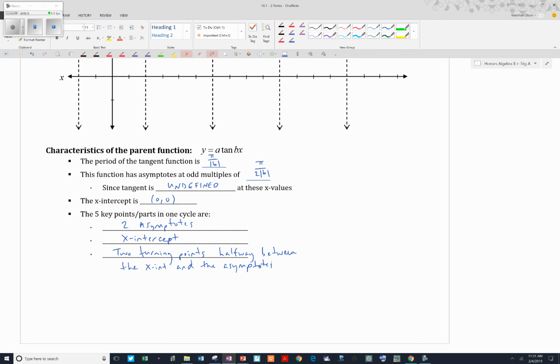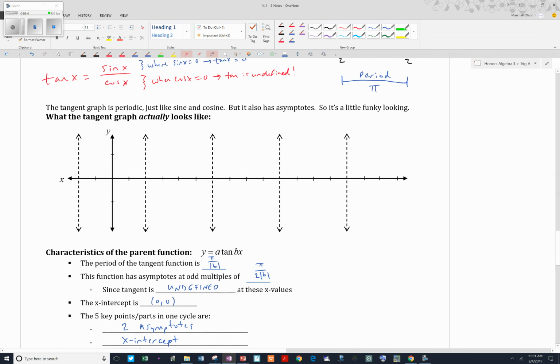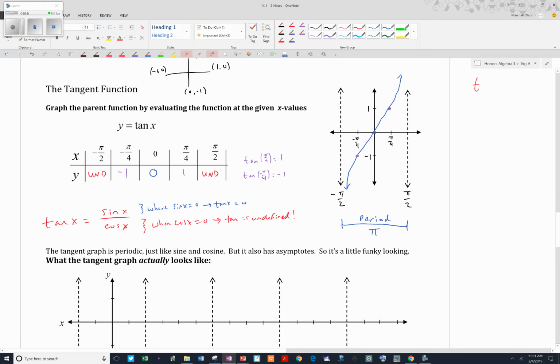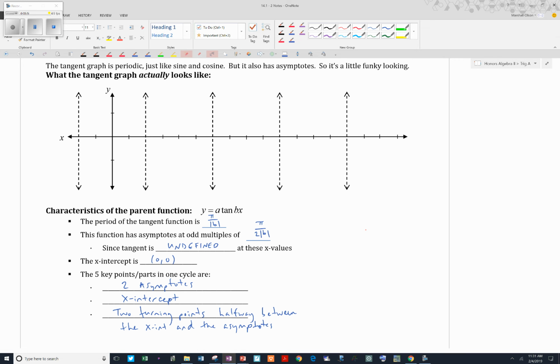What we're going to do is stretch this graph out using a. So in our function up here, a was 1, and that's why we have a 1 right there and a negative 1 right there. If you have a value that's not 1, I'm just going to do a quick sketch here.